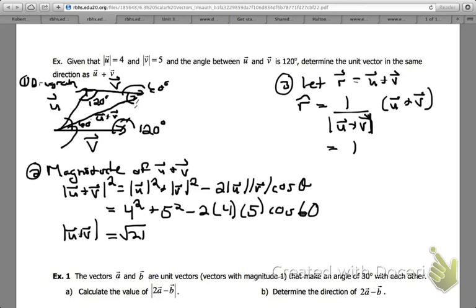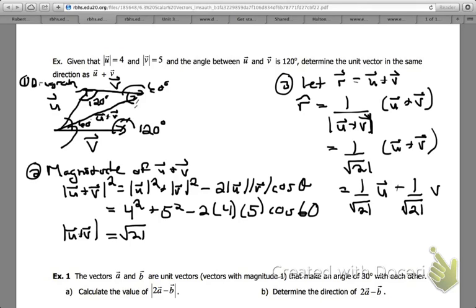So this is equal to 1 over the magnitude, which we just found in step 2, times u plus v. And this will be equal to 1 over root 21 times our vector u plus 1 over root 21 times our vector v.